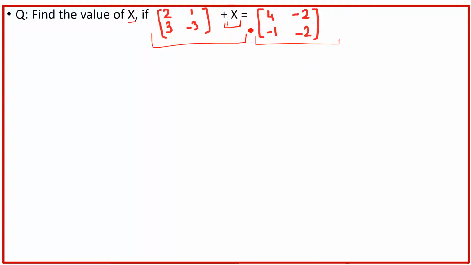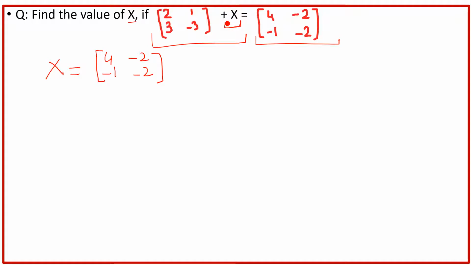We have to find out the value of x, and x is on the left hand side of the equation, so we will write down x as it is. Whatever you have on the right hand side, just write down as it is. So what is left? Only this matrix is left. See, what is the relationship between this matrix and x? There is a positive sign.